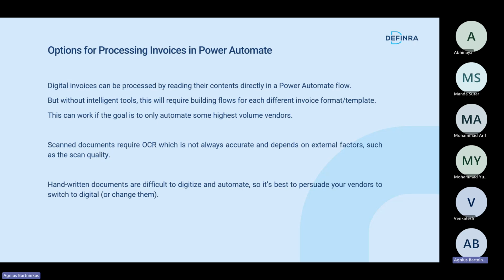However, without the ability to use some intelligence to recognize those documents, this would usually require us to build a separate flow for pretty much every different invoice format or template, which means pretty much every supplier that we have, because most suppliers have their own template for their documents.